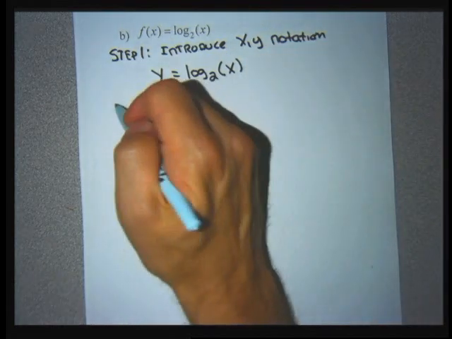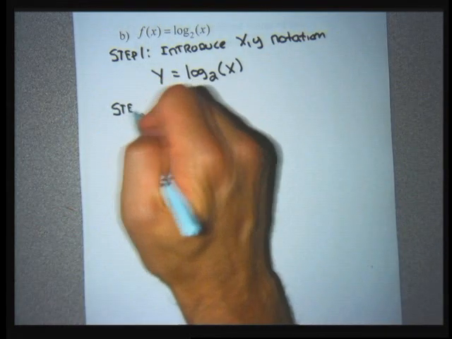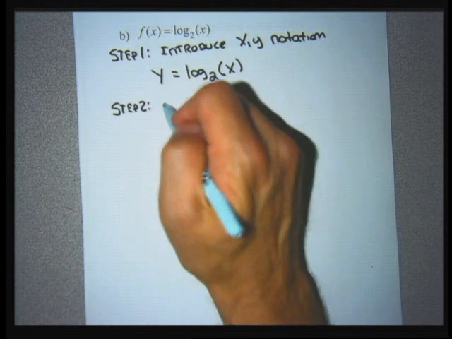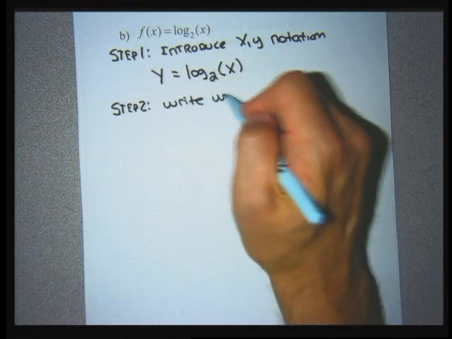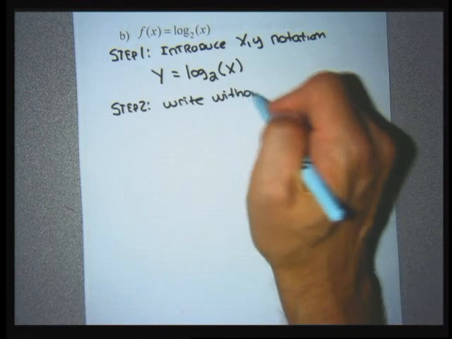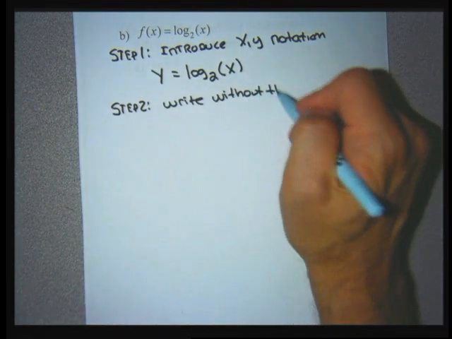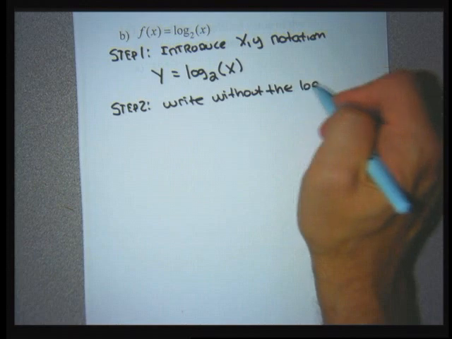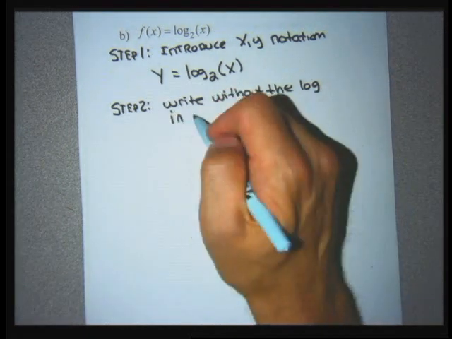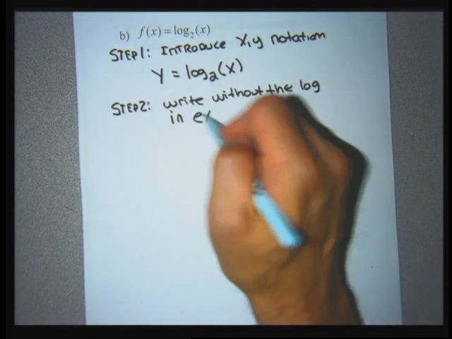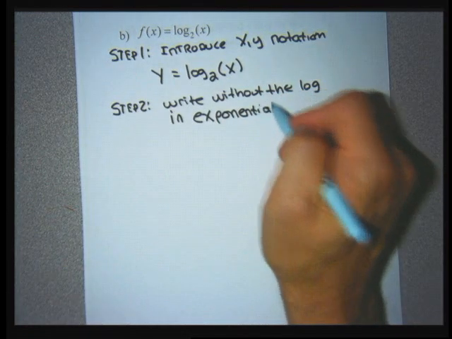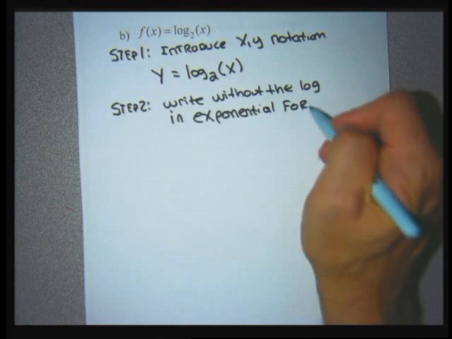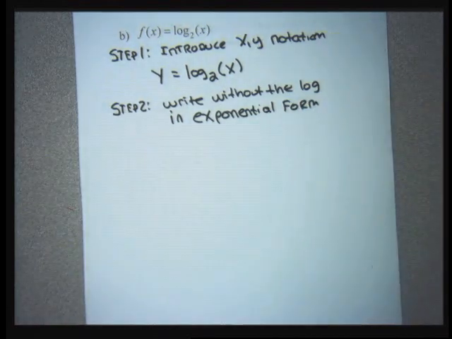So step 2, I'm going to write without the log, in exponential form. And again, to do that, I scratch out the log.